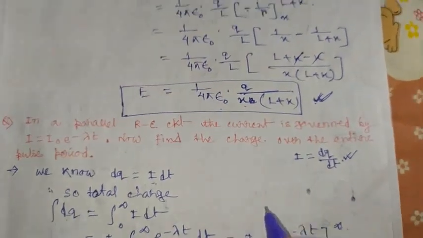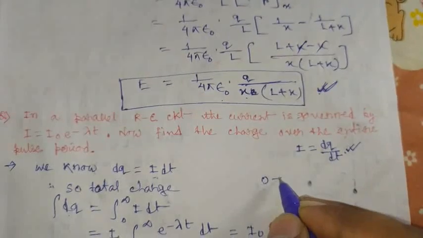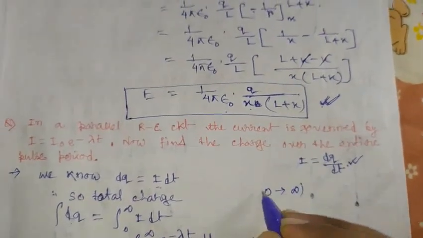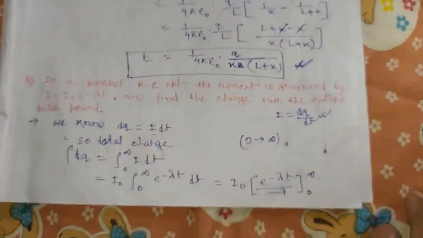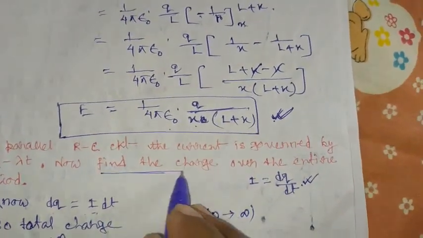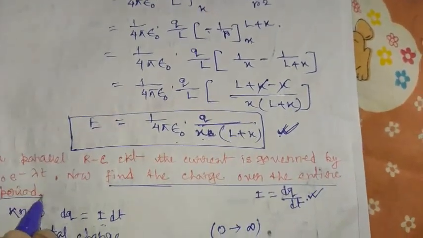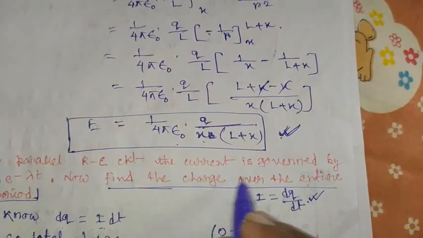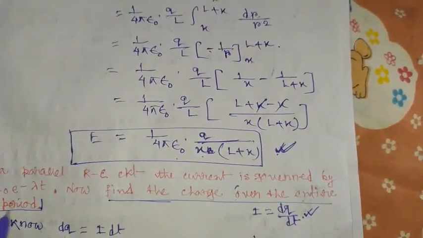Now why is this integral limit 0 to infinity? Let me explain. Because here it is given in this question, find the charge over the entire pulse period. Now what do we mean by the entire pulse period?